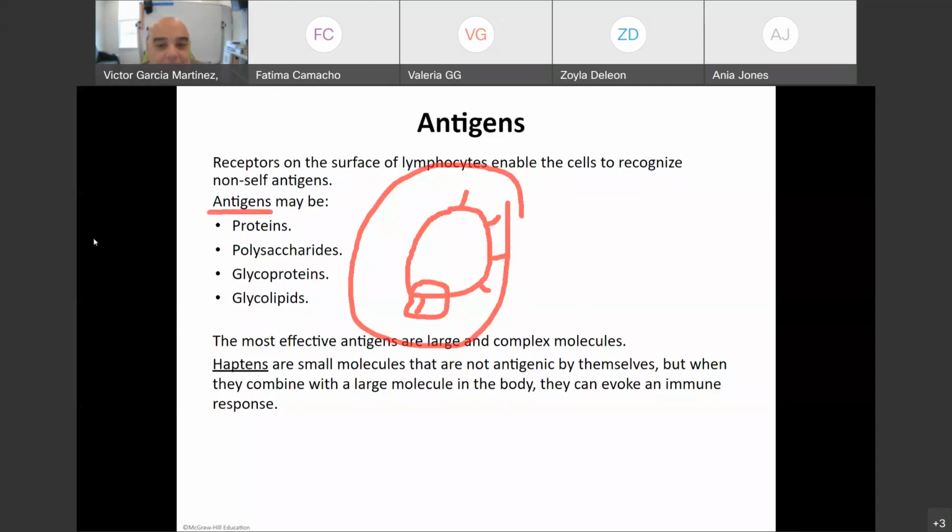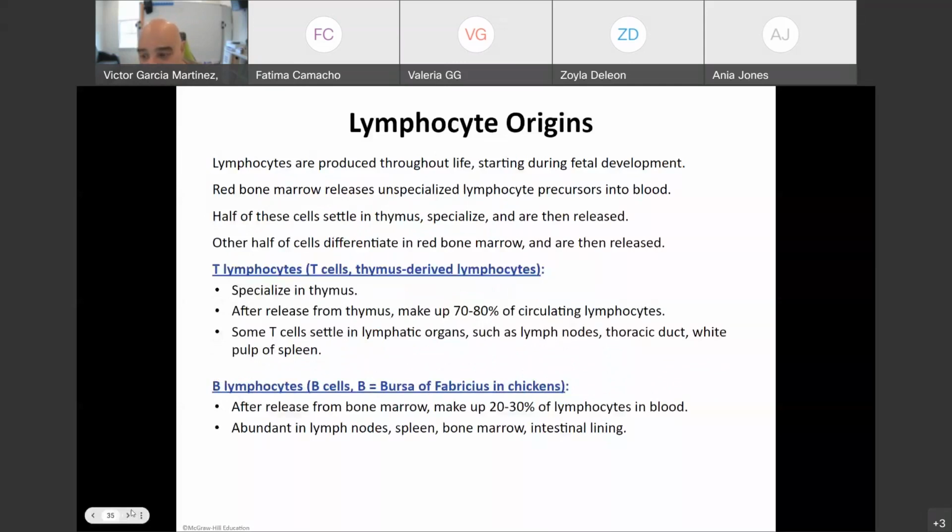Then remember, guys, we have lymphocytes, B cells and T cells, and these are the main cells for immunity. Remember, T cells are for cellular immunity, B cells for humoral immunity. T cells are specialized in the thymus. And B cells are released from the bone marrow, and the origin is going to be in the bursa of Fabricius.